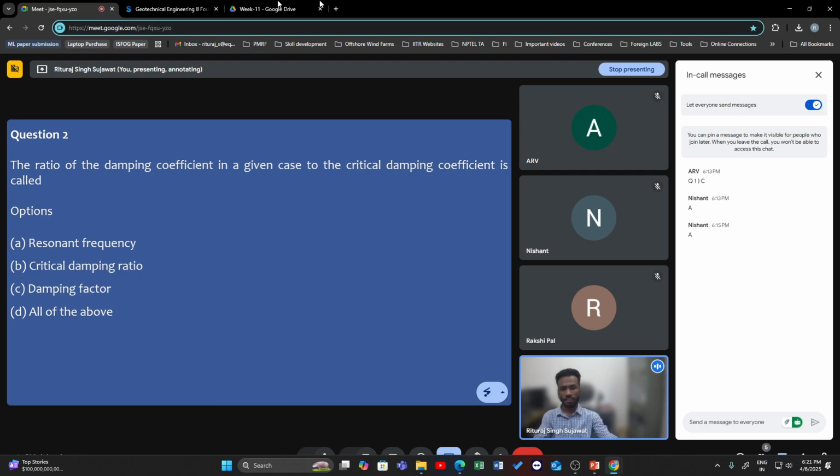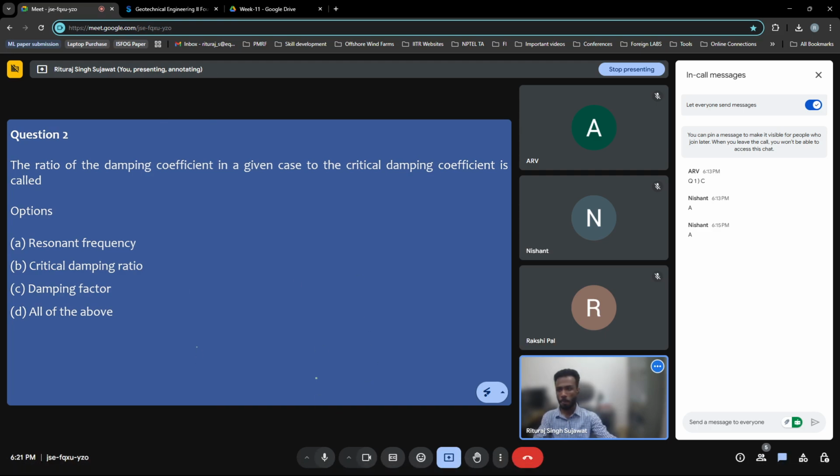Yes guys, you can refer to your lecture notes for this and find out what the damping coefficient is. Sir, this chapter I am not confident.